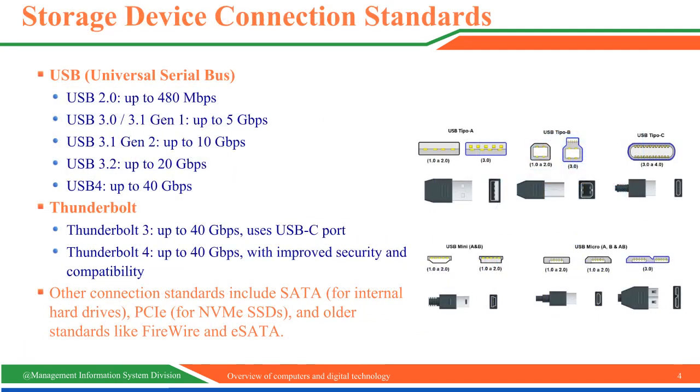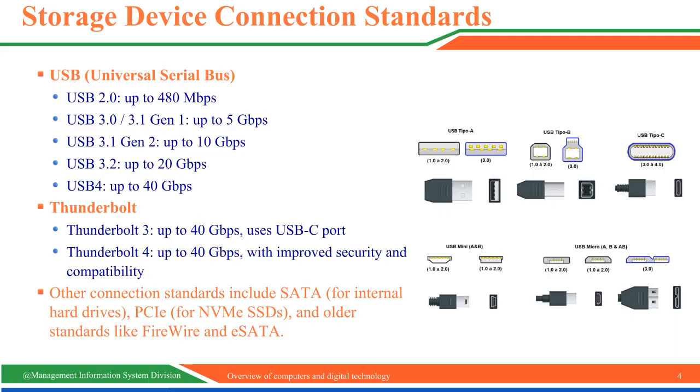When talking about storage devices, besides capacity and speed, connection standards are very important. Common standards you should know. USB is the most widely used standard for external storage like USB flash drives and external hard drives. Its generations: USB 2.0, max 480 megabits per second, enough for documents, music, photos.